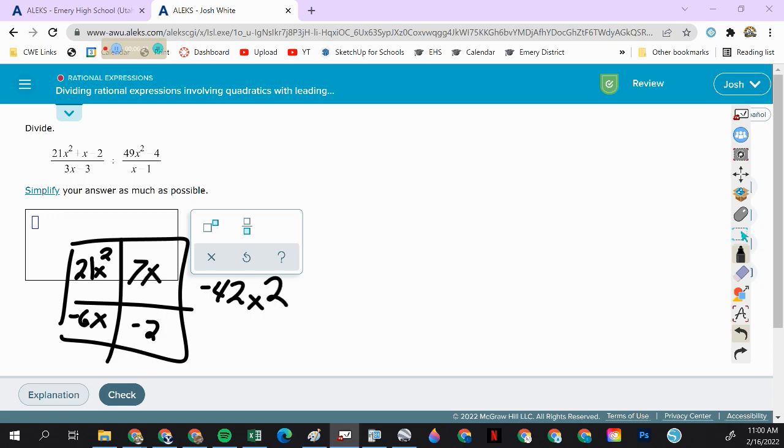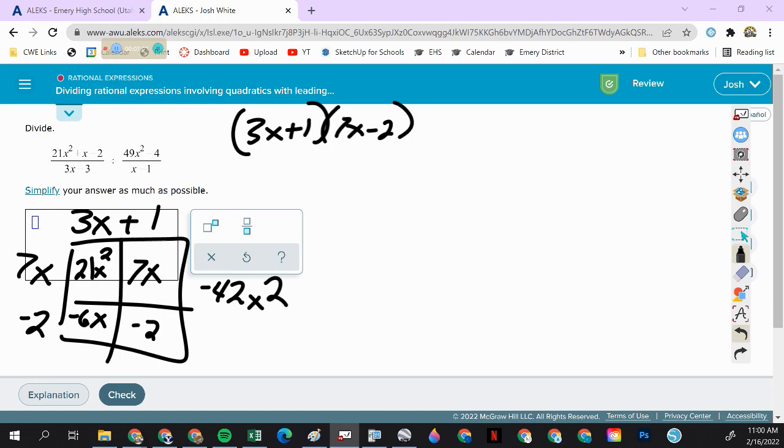What does the top row share? 3x. Not 3x, 7x. If I pull a 7x out, that leaves me with 3x plus 1. And if I pull a 3x out of the left column, I'm left with negative 2. 3x plus 1 and 7x minus 2 go in the numerator.